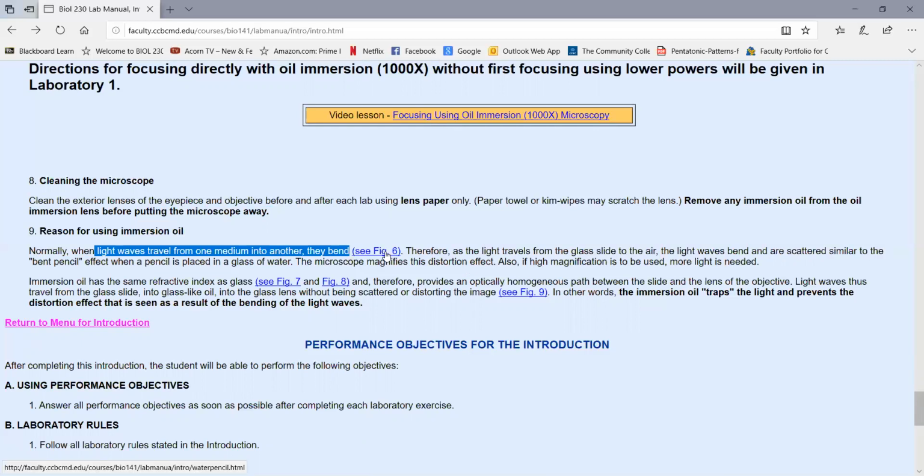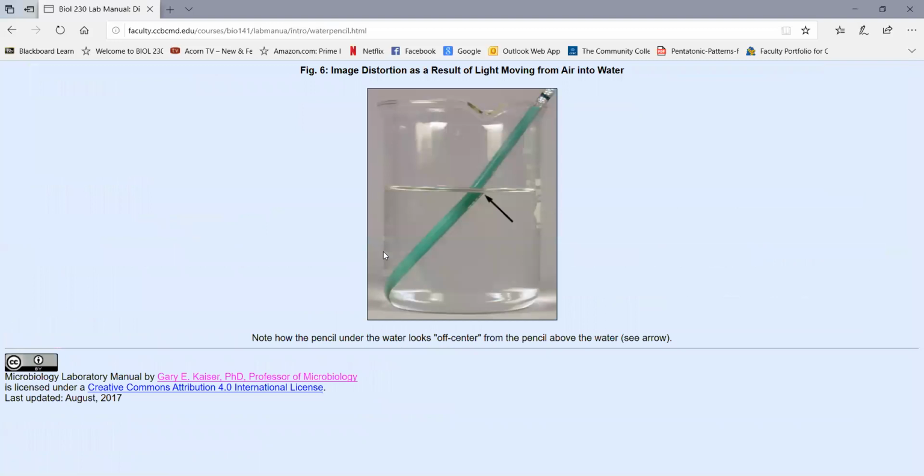And we can see that sometimes, for example, like in figure 6, where if we look at a pencil in a beaker of water. Now, when we're looking at the top, the light is going through glass, the beaker, and then hitting air. But in the bottom half, the light is going through glass and then hitting water. And water has a different refractive index from glass, which means the light bends differently when it goes into a different refractive index.